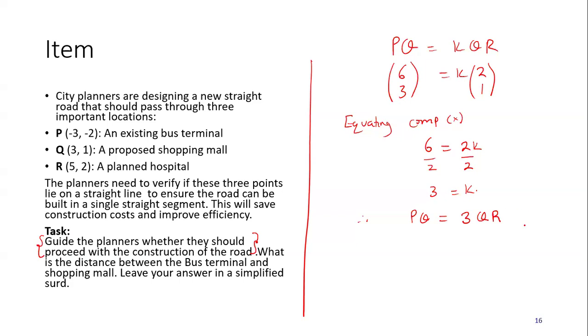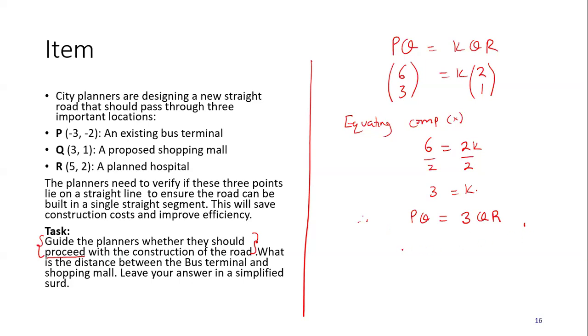Full stop. Then from there, since they asked you, many of you do not respond back to the task. They asked us whether they should proceed. So the question was, should they proceed or not? Now you are going to continue and say that since the points P, Q, R lie along a straight line, therefore the city planners should proceed with the construction of the road.